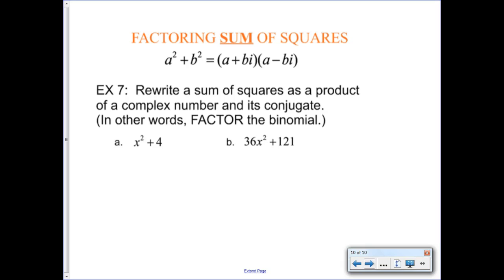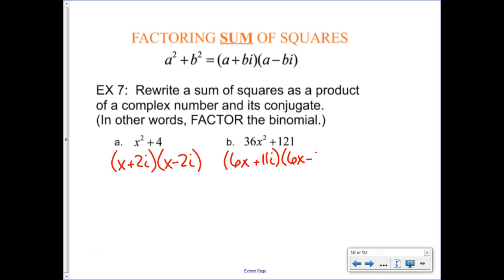So x squared plus 4 happens to be x plus 2i and x minus 2i. 36x squared plus 121 happens to be 6x plus 11i and 6x minus 11i.